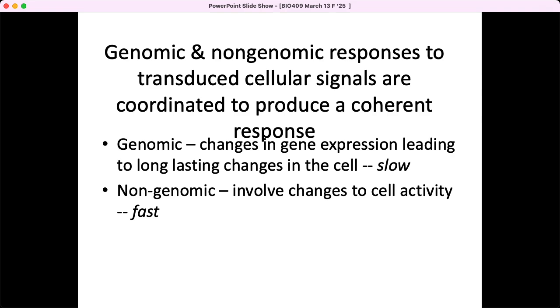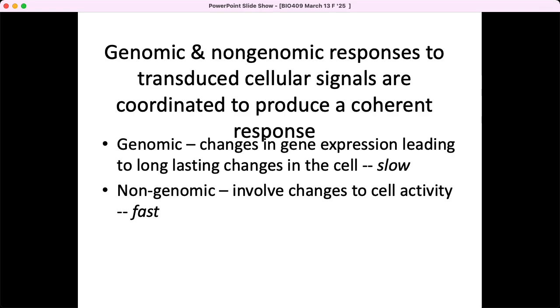And I think the really big number one takeaway from today's talk is that cellular responses are coherent and usually work together, right? A great example that we love to talk about in biology classes is stimulation of the sympathetic nervous system in a fight or flight response.